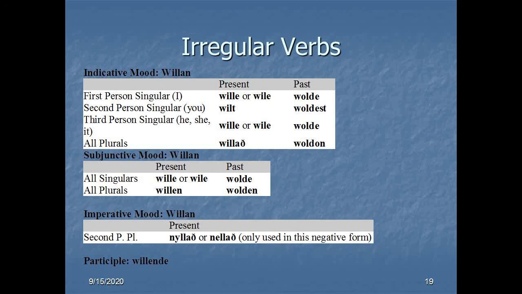And while it's a fully inflected verb in Old English, we tend to use it in modern English as a modal verb. So we use will to indicate both intent and future, and we use would from wolde to indicate basically a hypothetical intent, something that we call the unreal conditional.